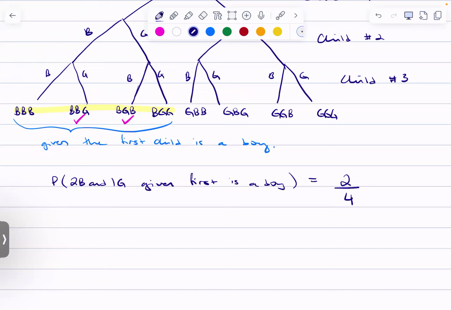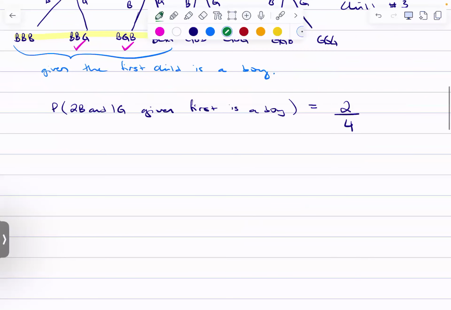There's a little bit of notation that we're going to see eventually, so why not bring it up here? But given is usually denoted by a tall-ish vertical bar.